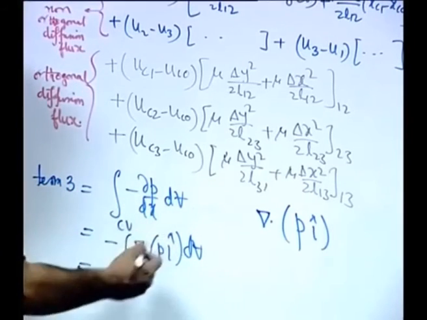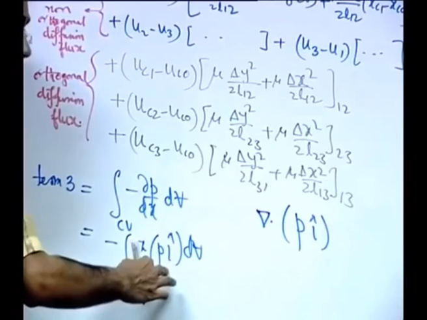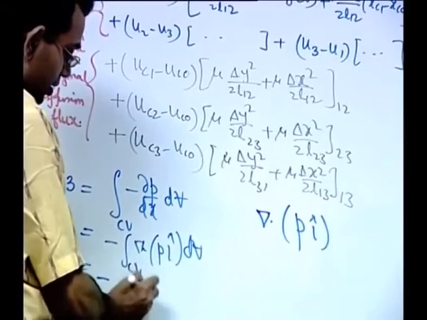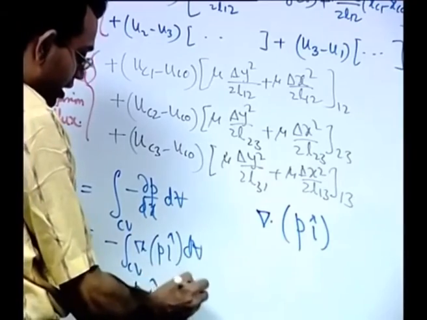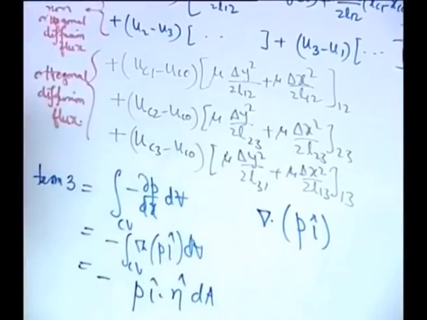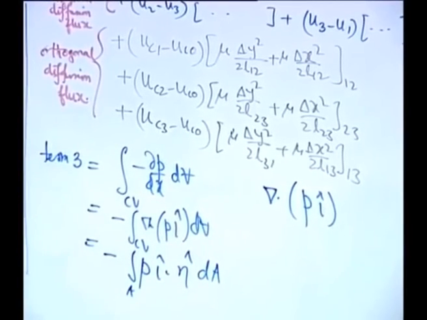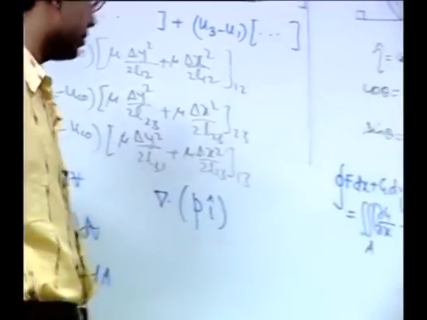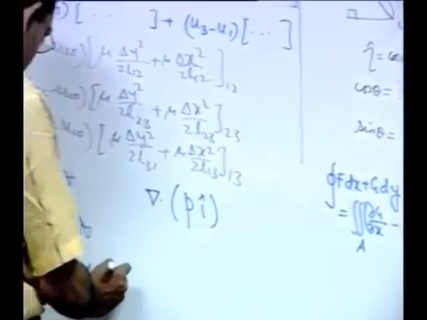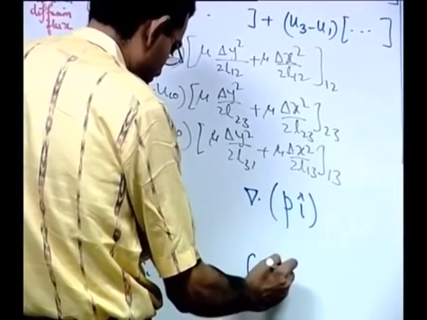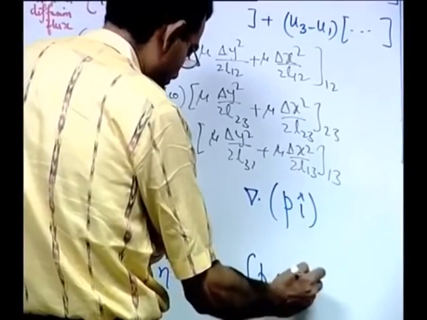And for this we can write it in terms of the corresponding area integral. So minus of Pi dot eta dA. I dot eta is cos theta. So minus integral of P cos theta dA.